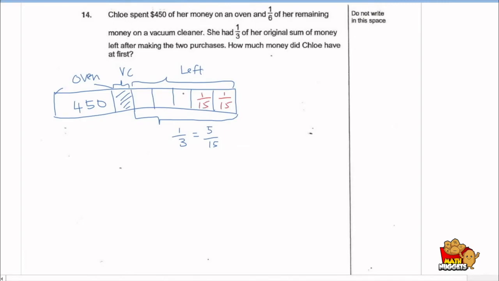It's easier to see. So each unit is 1 out of 15. And if each unit is 1 out of 15, this tells us that 450 would be 15 out of 15 minus 6 out of 15, which is 9 out of 15.